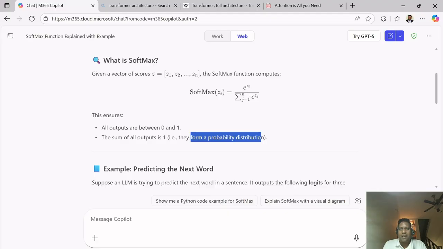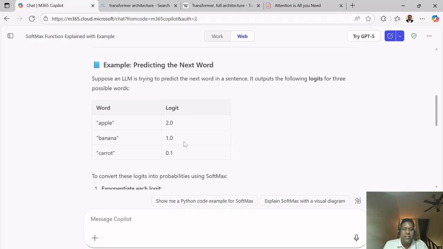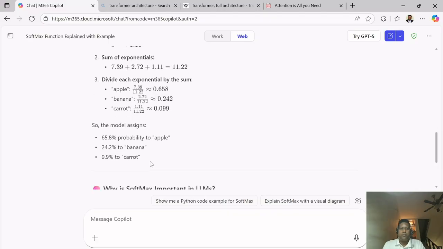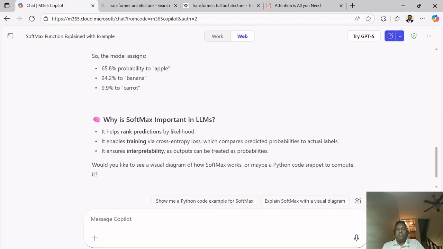Softmax is essentially that particular value divided by the sum of the exponents. So each of these values is divided by the sum of the exponentials. It gives a probability of their occurrence, right? So that's essentially what softmax is in an LLM.